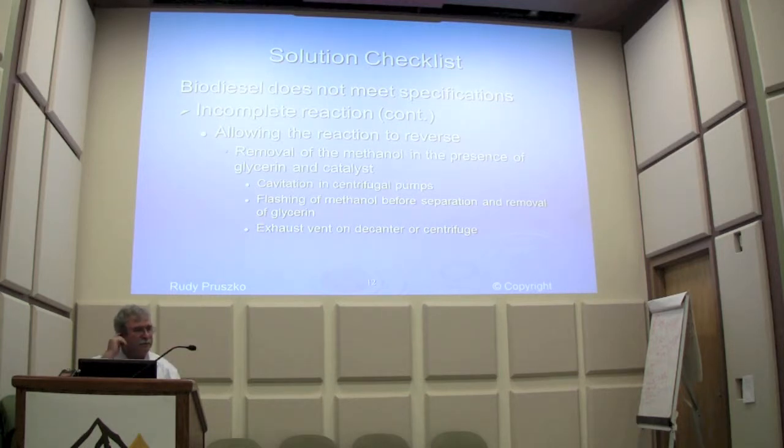But in the second stage, if you have too much leftover methanol, then the density won't be great enough to get separation. So do you want the glycerin in there to aid with that process? Well, you're going to make some glycerin in that stage anyway. Right. And it doesn't matter because you're going to have to remove the methanol from the biodiesel and the glycerin anyway, and a lot of times your wash step will take that out.